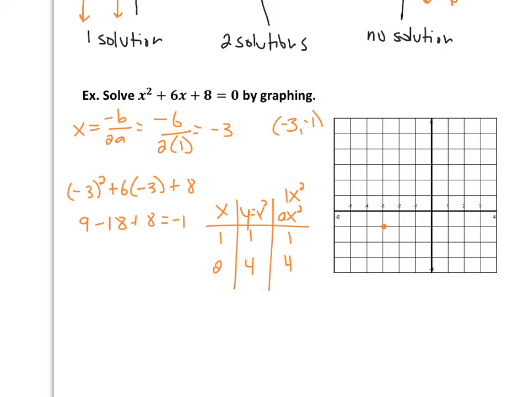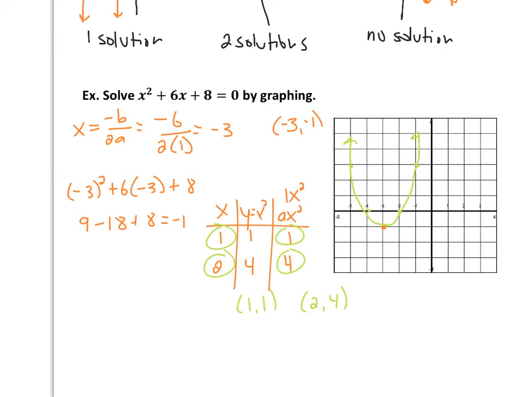So now we want to plot the points 1, 1, and 2, 4. And remember, we plot those from our vertex, so nothing new here. All right, so go 1, 1, and 1, 2, 3, 4. Okay, reflect those points over. Draw my parabola here. Preferably have it go through the dots.